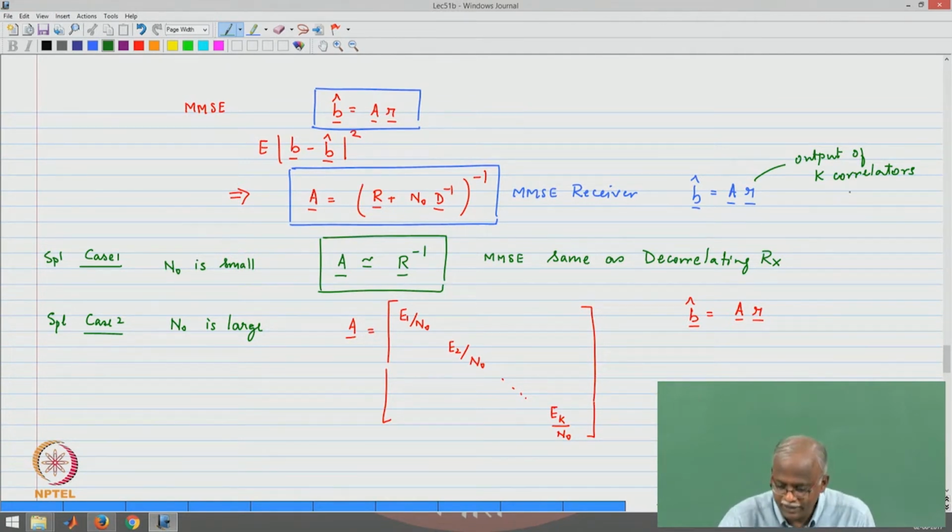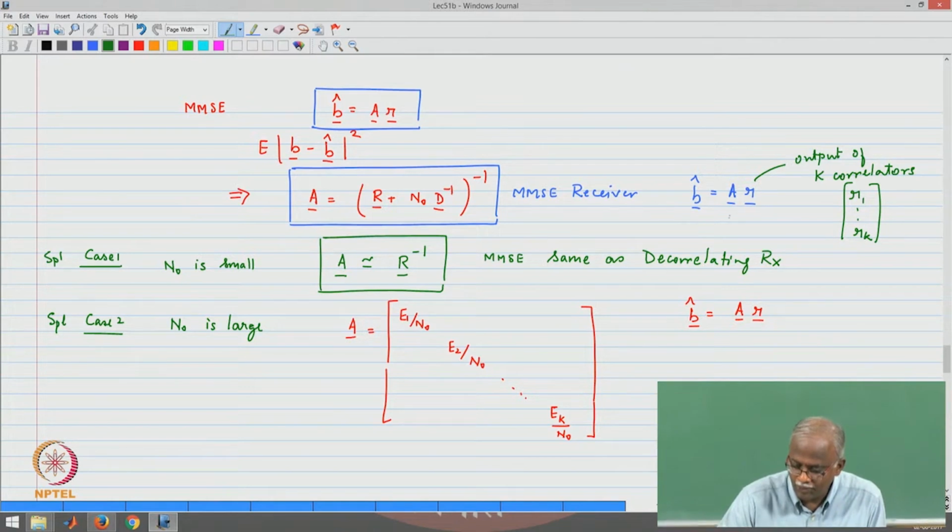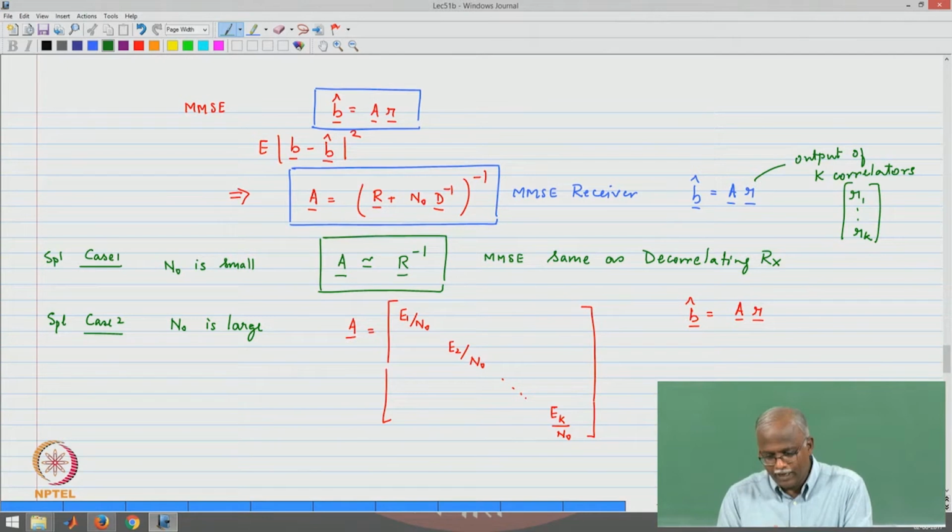You get the vectors R1 through RK, uppercase K. You are able to pre-compute the matrix A, do A times R, and then do the decision based on that.